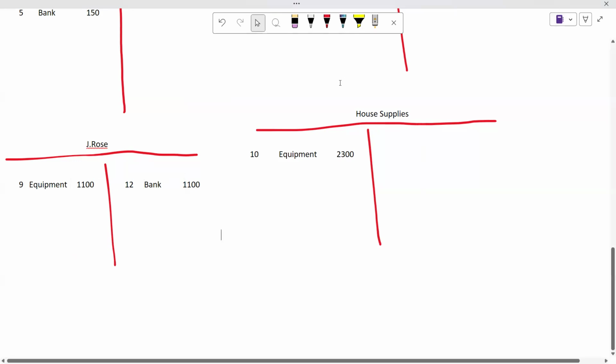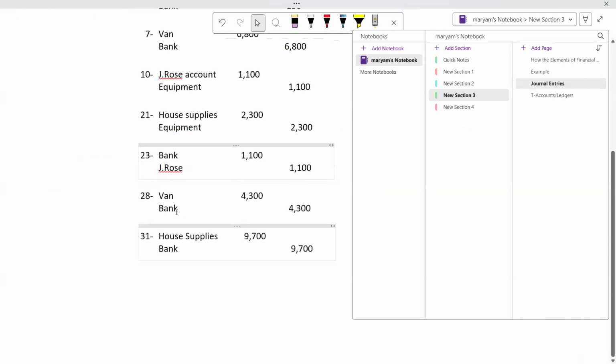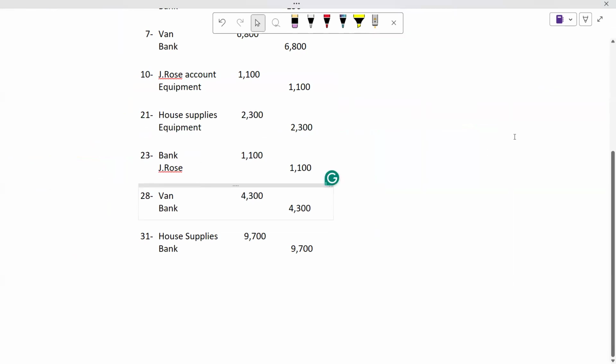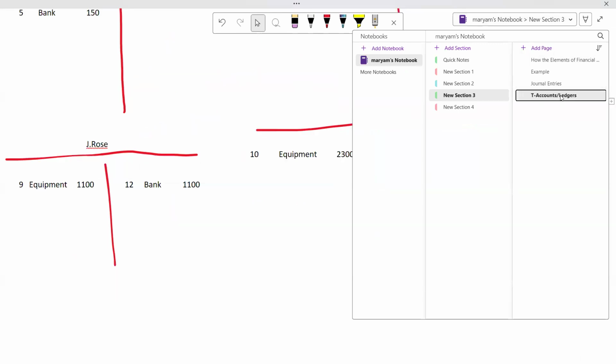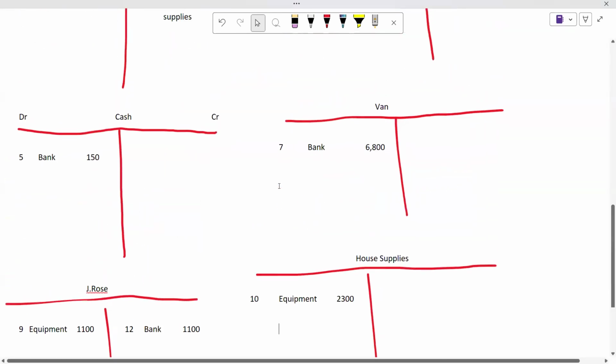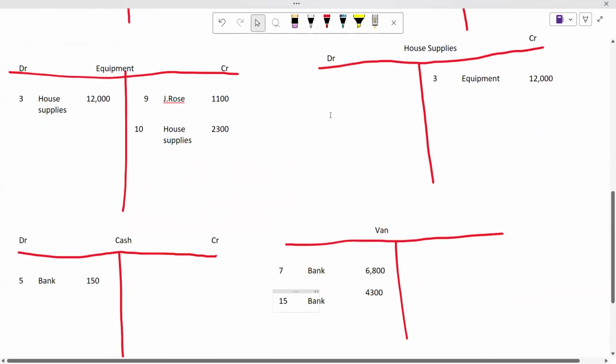Yep, sounds good. What's the next one? We just got left two. Van debited, bank credited. I think we have the accounts for both of these, so we're just gonna put in the values. Van versus bank for 4,300, and it happened on 15th, for instance, and bank will be credited for 4,300.